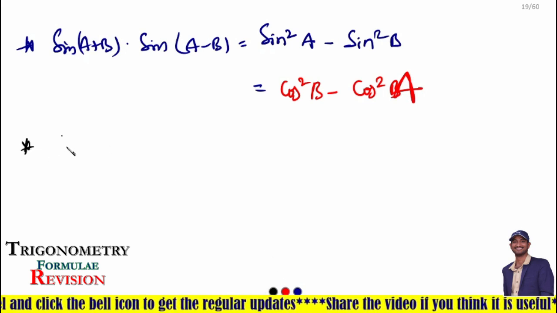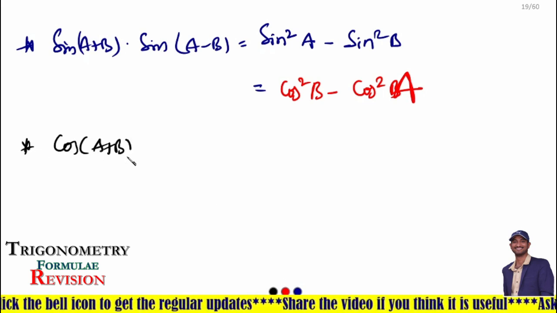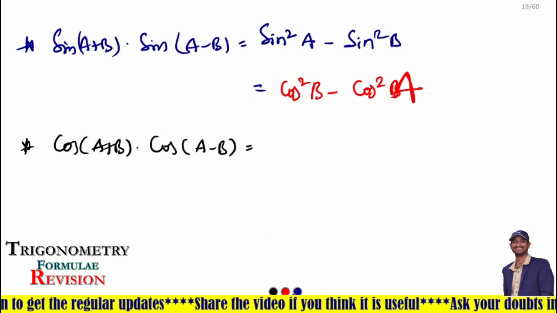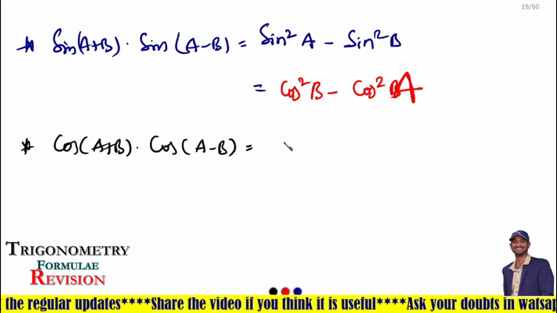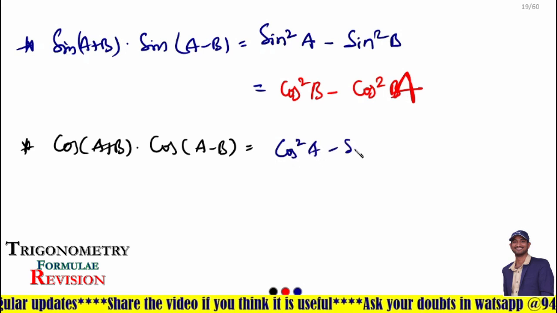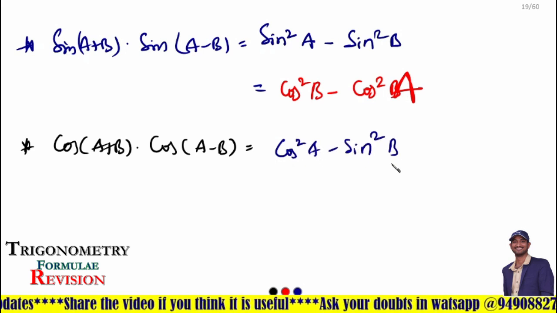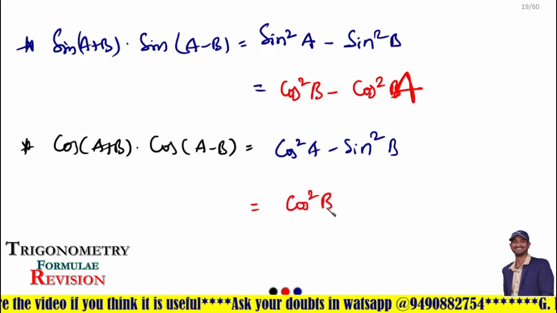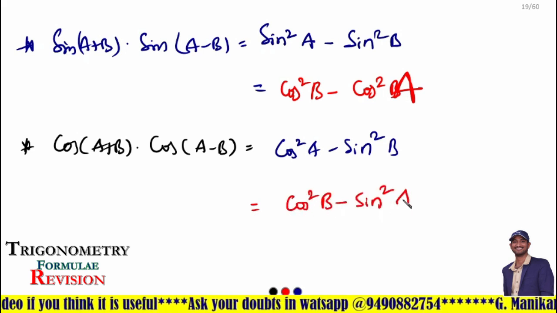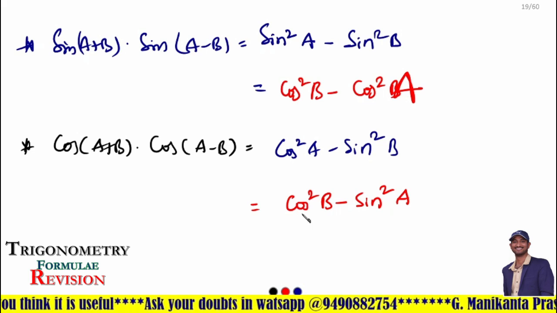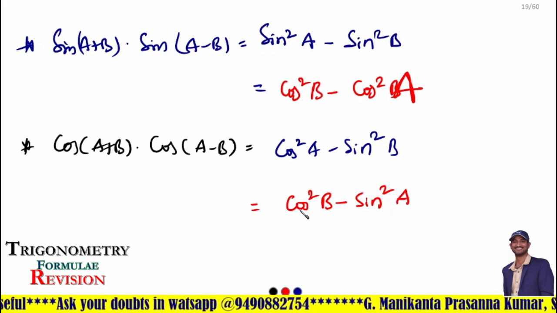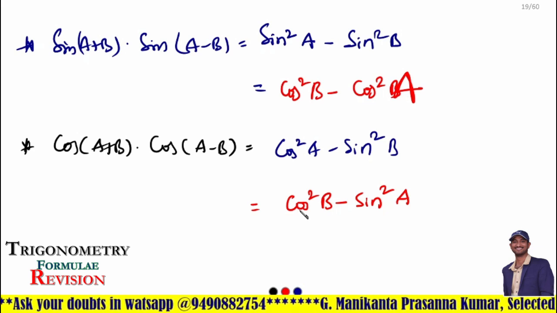Suppose cosines: cos of a plus b into cos of a minus b, the product of these two, is equal to cos square a minus sine square b, which is also equal to cos square b minus sine square a. This is about the product of the trigonometric ratios when the sum and difference of the angles are given.